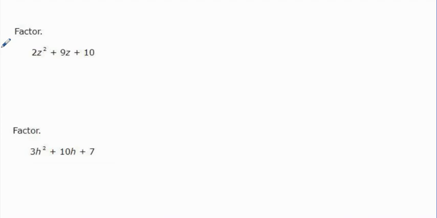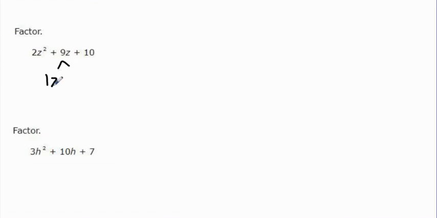Okay, so let's really look at this. If we look at that 9z, we can split this into 2 terms that when added give us 9z. But I'm going to take into consideration this 2 and this 10. Say I broke this into a 1z and an 8z, because 1z plus 8z gives me 9z if I added those 2 terms together.